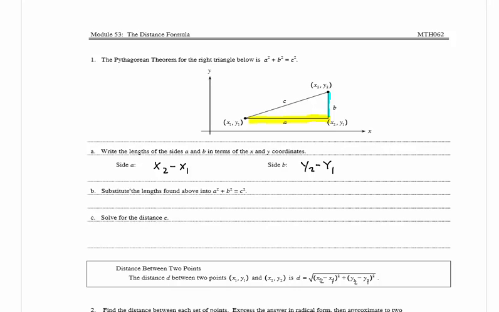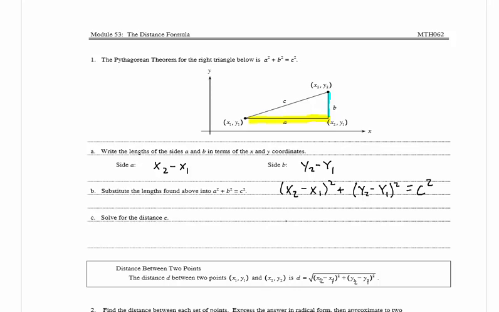And if we want to substitute the lengths found above into a squared plus b squared equals c squared, we're going to have (x2 minus x1) squared plus (y2 minus y1) squared is equal to c squared. And now they want us to solve for c.